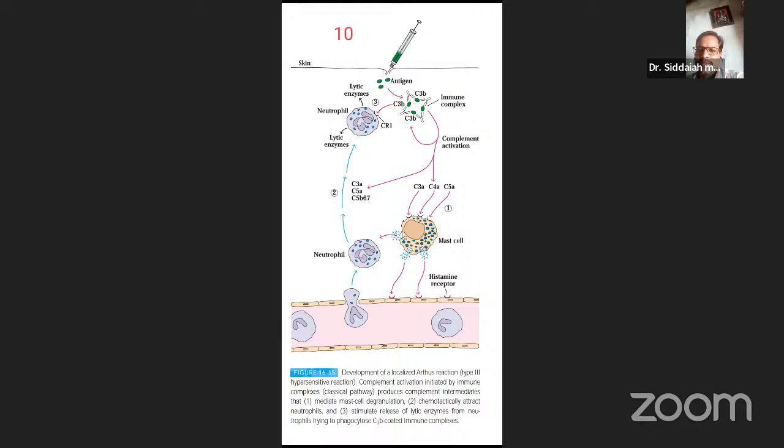These complement proteins recognize the antigen-antibody complex and bind with the antibodies of the immune complex. This binding chemotactically attracts different types of neutrophils, phagocytic cells, mast cells, and basophils, which have receptors for C3a, C4a, C5a.